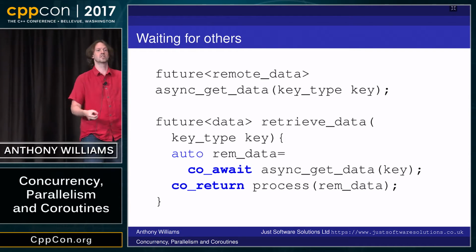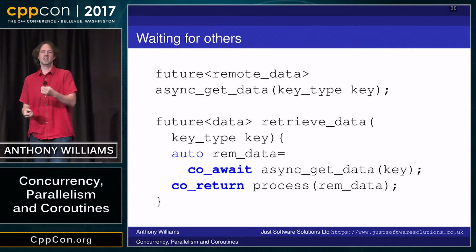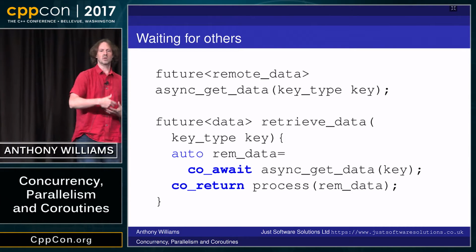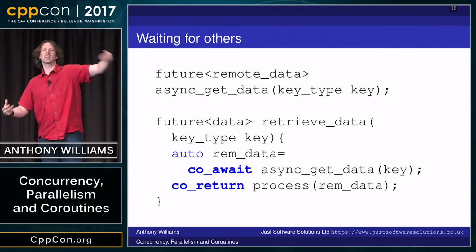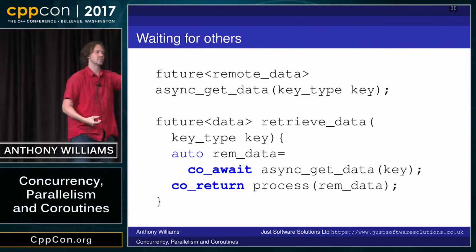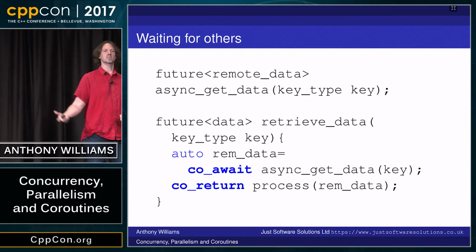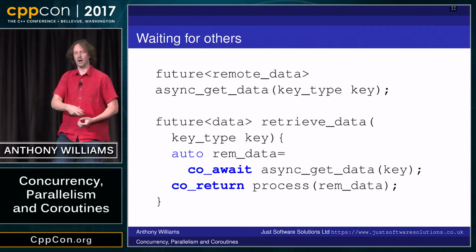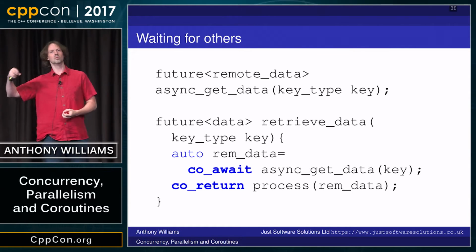Now, if these are just standard futures or standard experimental futures, then you can use them with all the rest of your code. And if it was a coroutine that returned that future, and the coroutine got suspended because the future wasn't ready, then when you wait for the future, it will check, depending on how the library's been implemented, and make sure that the coroutine gets resumed.